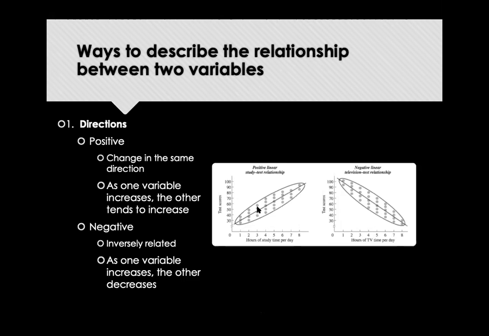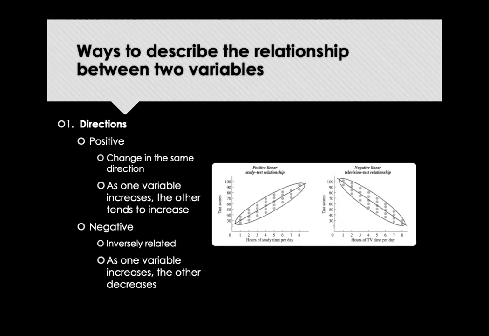A positive linear relationship between hours of study and test scores. So the scatter plot should look like this, where the dots go in a direction from lower left to upper right. The other direction is negative, and a negative relationship simply means that as one variable increases, the other decreases. So they move in opposite directions of each other.